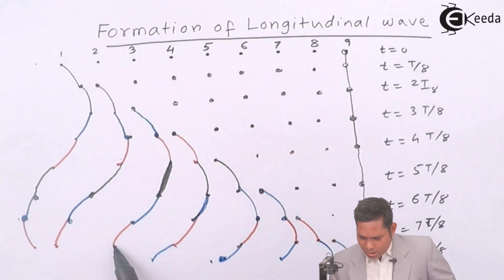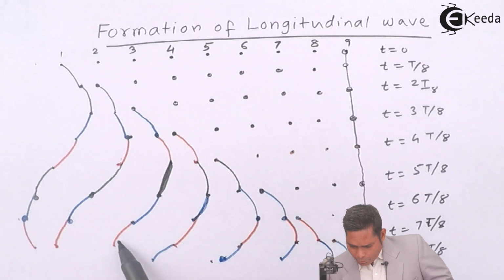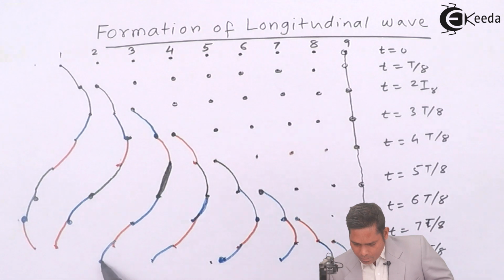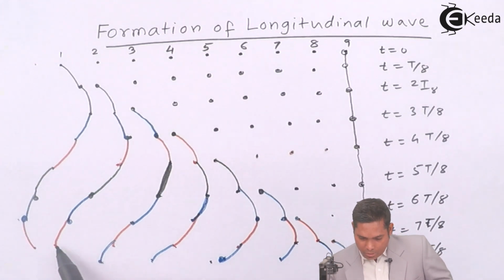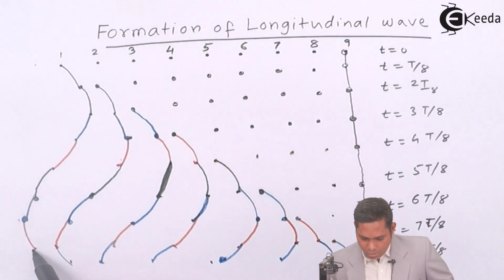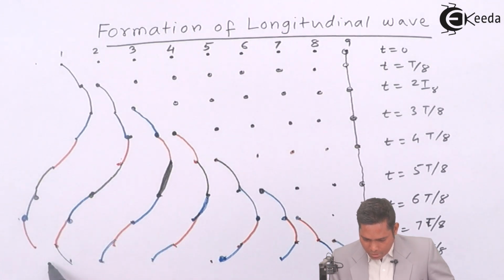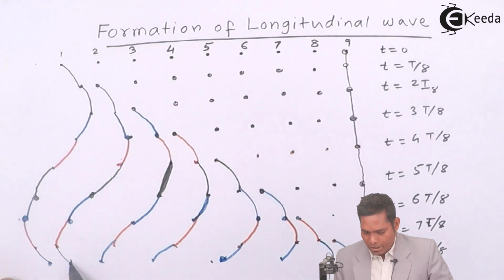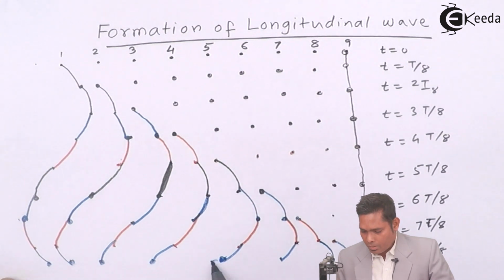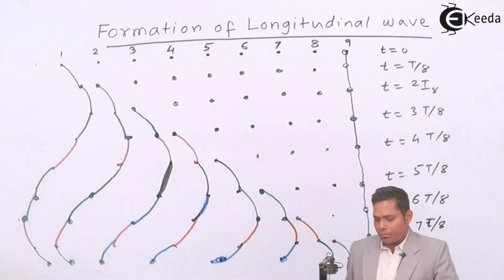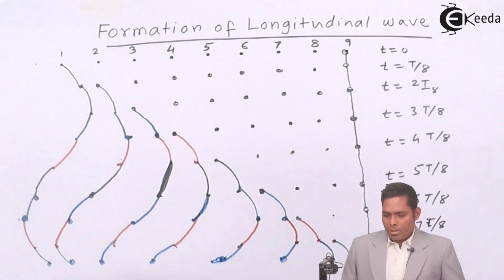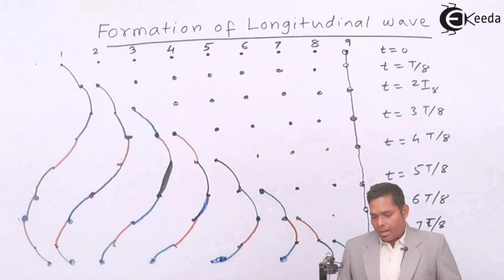This particle, which is at the midpoint, goes to the extreme, so it will come to somewhere here. This particle, which is at the extreme, will come to the midpoint somewhere here. This particle, which is at the midpoint, will come to the mean position somewhere here. So this is how this completes one oscillation. You can see that the first one completes one oscillation, and the wave profile is like that.